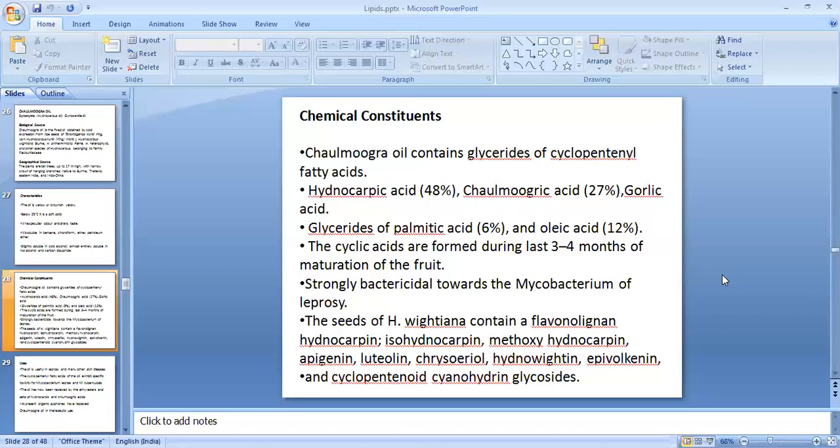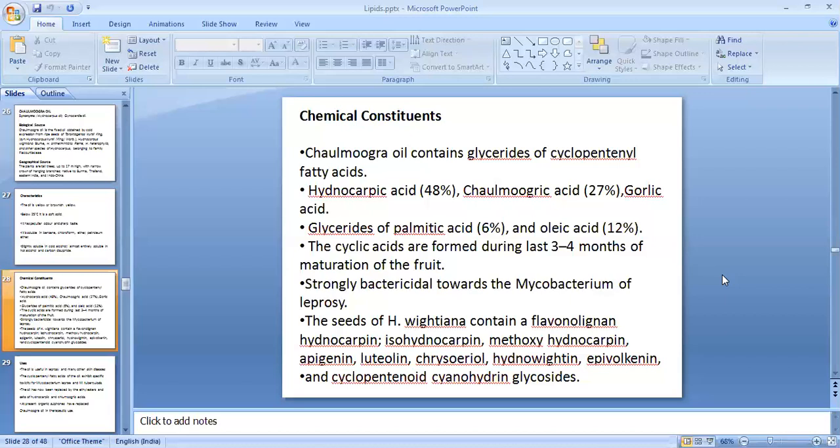And the seeds of Hydnocarpus wightiana contain flavonolignans, that is, flavonoidal compounds: hydnocarpin, isohydnocarpin, methoxyhydnocarpin, apigenin, luteolin, chrysoeriol, hydnowightin, epivolkenin, and cyclopentenoid cyanohydrin.